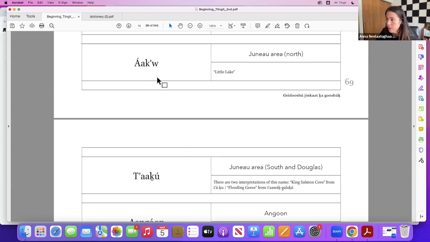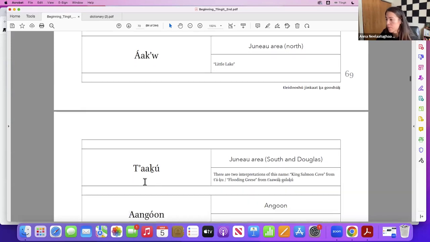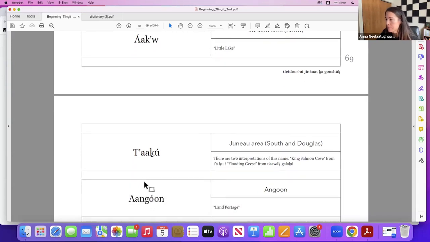So like one place is Juneau area and the northern area by the little lake, and that place is called Auk, and there's also a territory that belongs to the Kwan. So the surrounding area is the territory of the Kwan. And same with Juneau area, South and Douglas.